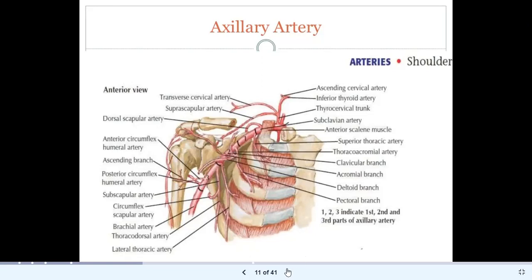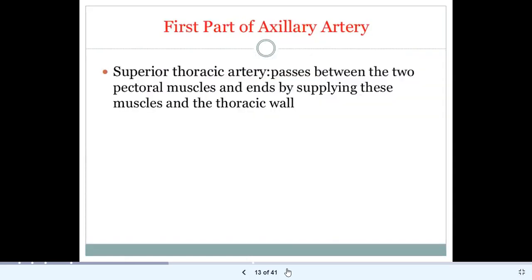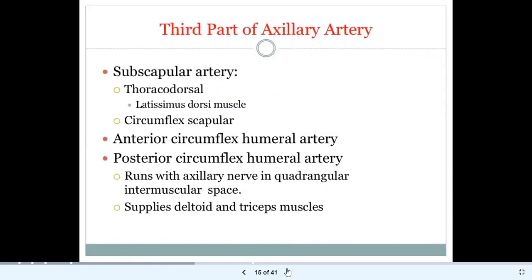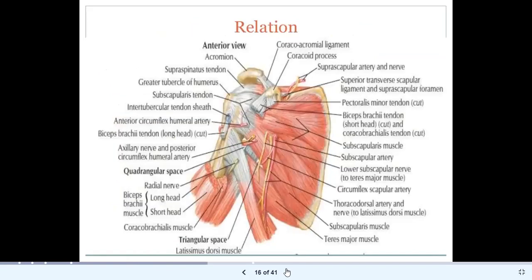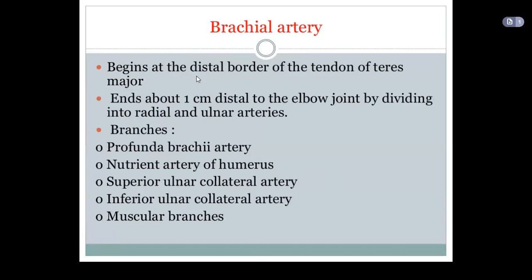Okay, so we already looked at the axillary artery, so we don't focus on it anymore. Now we would move to the brachial artery. The brachial artery is a continuation of the axillary artery just after it crosses the teres major tendon.